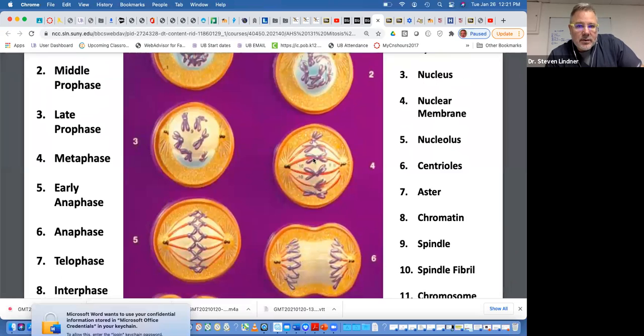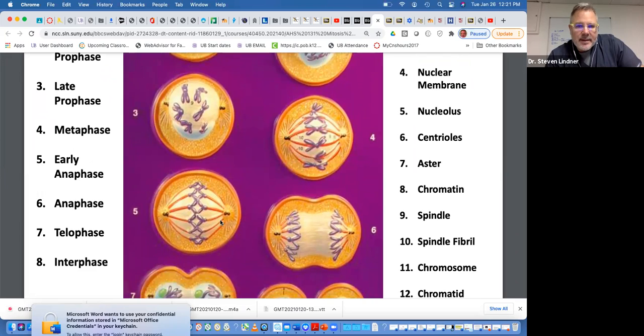Now we start to see the chromosomes lined up in the center, in the middle, where this is going to be metaphase. There's only one metaphase, number 4. Then we start to see number 5 and 6, where the spindles start to shorten and they pull the chromosomes to their opposite poles. So this would be early anaphase, and this would be not late anaphase, but just anaphase. You have early anaphase and anaphase.